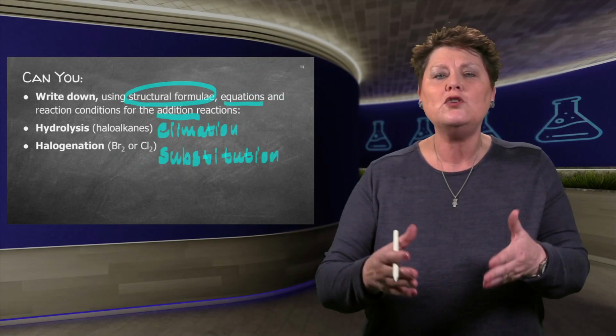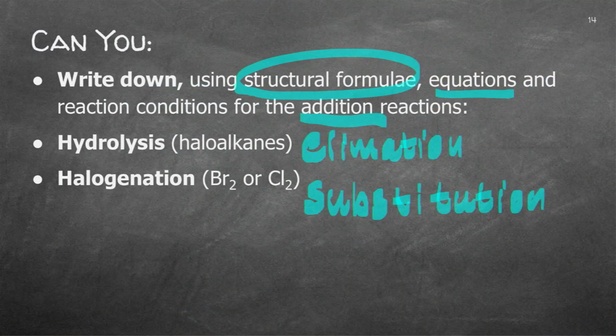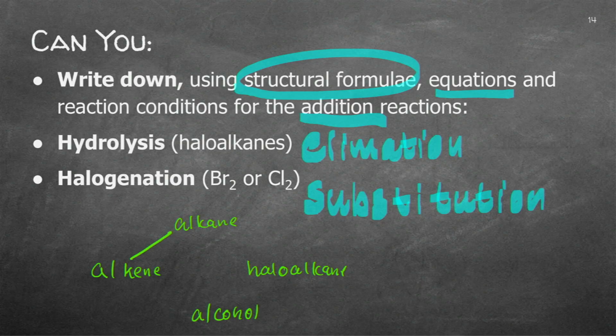As soon as you get your exam paper, write down your four core: alkene, alkane, haloalkane, and alcohol. Write that down immediately. Then, just in your head, you know you're going there with addition.